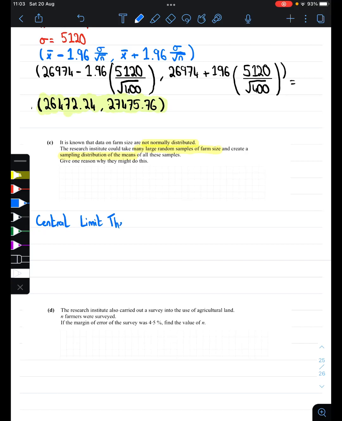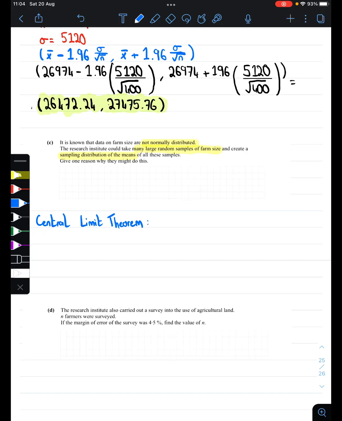And the central limit theorem essentially says that even if you have a distribution that isn't normal, if you take sample means from that distribution, so you take a sample from that distribution and you find the mean, those sample means you get will be normally distributed.